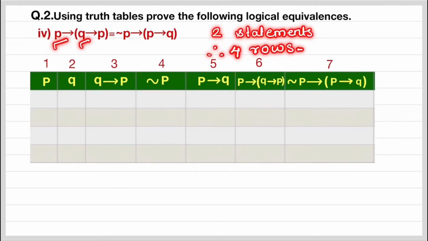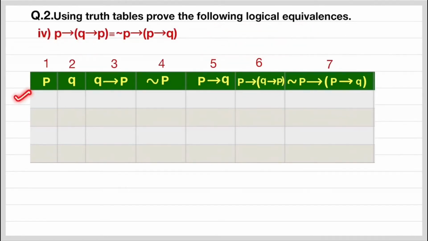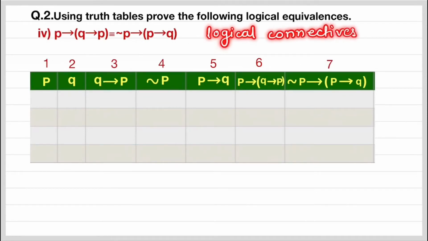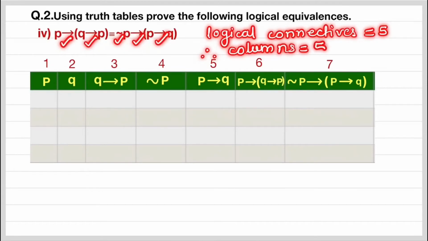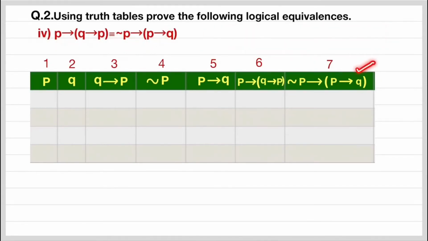Number of rows is 2 raised to the number of statements, that is 2 squared, which is 4. These are the 4 rows. Now count the logical connectives to find the number of columns. There are 5 logical connectives, therefore the number of columns is 5 plus 2, which is 7. These are the 7 columns.